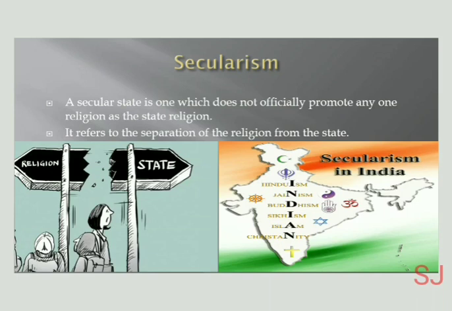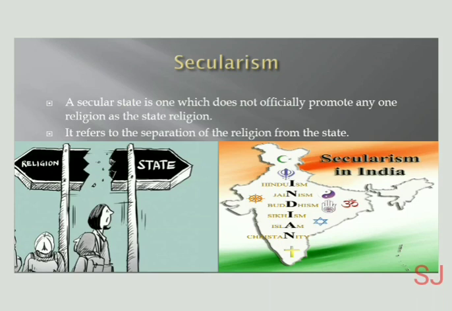Secularism can be termed as giving respect to all religions. In a secular state, a single religion is never promoted as the state religion. Our country is neutral in the matter of religion. Every citizen is free to follow their own faith.